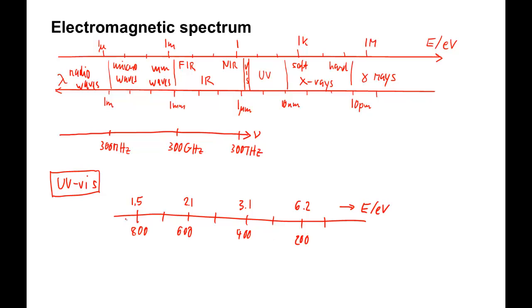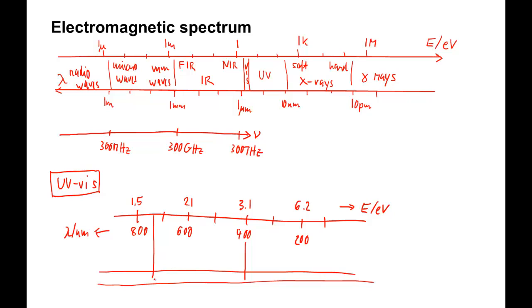There's this energy axis, and there's the wavelength axis. The human eye can detect light between about 750 nanometers and 400 nanometers. This constitutes the visible range between 750 and 400.